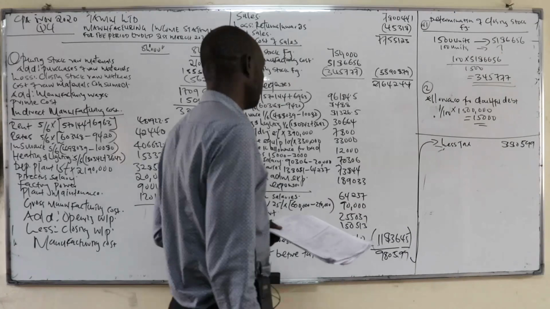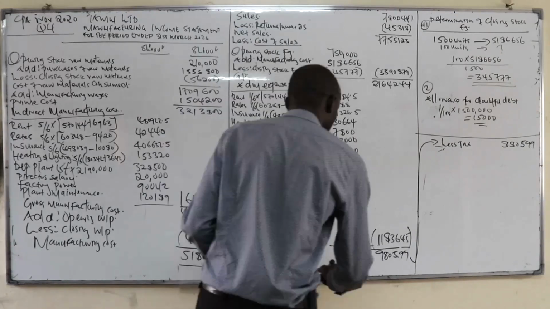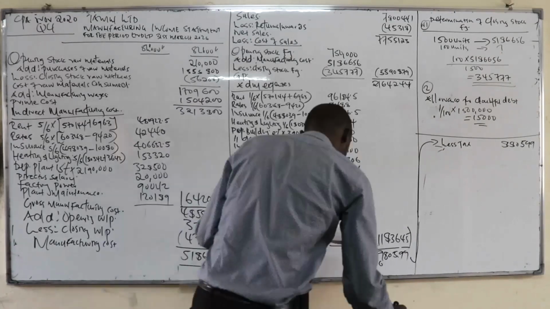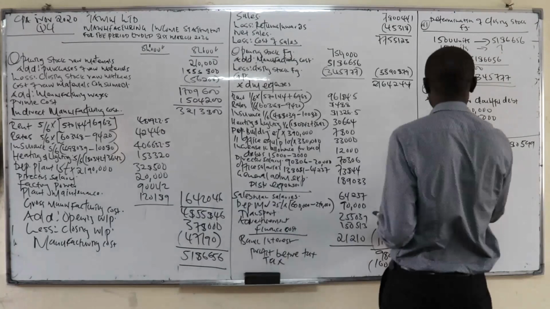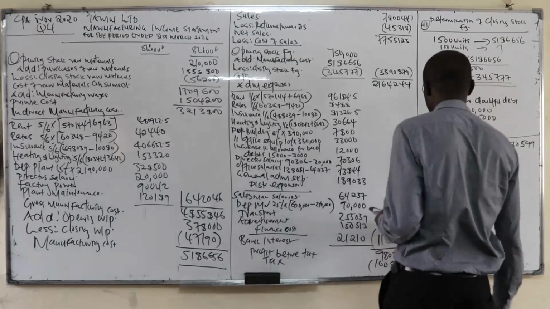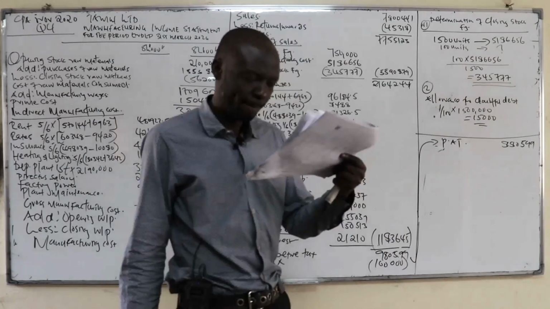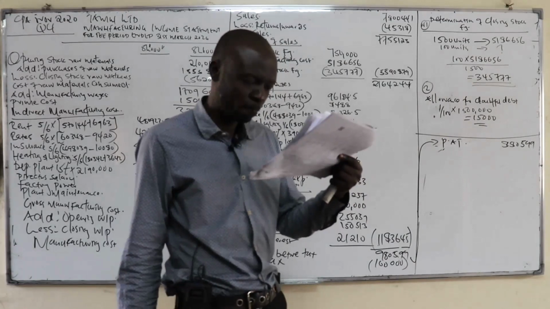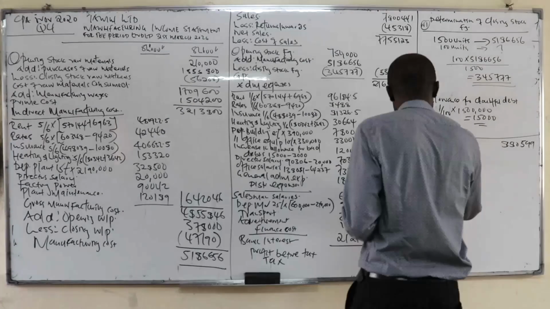Tax ilikuwa ngapi kwani? So tax here ni 100. Tax was 100,000, isn't it? So this is profit after tax, isn't it? And then we have dividend paid. So you less dividend.